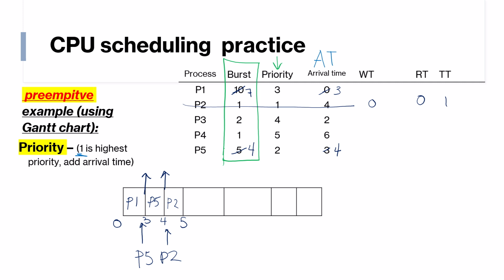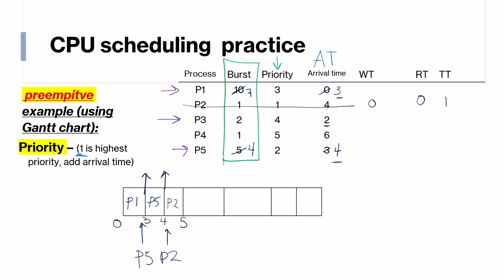Now the current time is 5, and in our ready queue, we have P5 because it arrived at time 4. We have P1 in our ready queue, it arrived at time 3, and we have P3 in our ready queue that arrived at time 2.